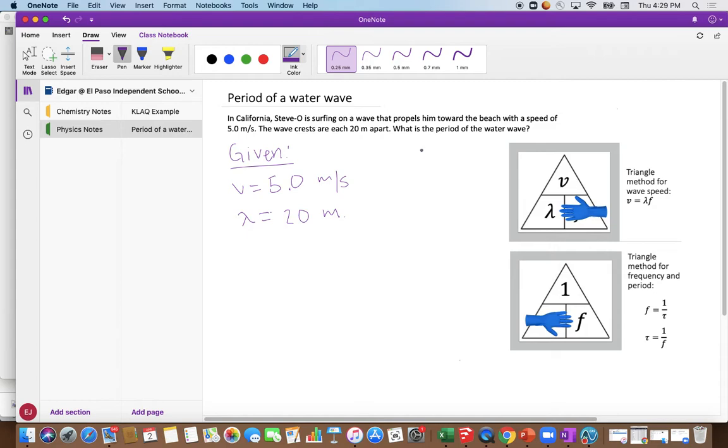And our equation said frequency equals velocity divided by wavelength. Just substitute: frequency equals 5.0 meters per second divided by 20 meters.